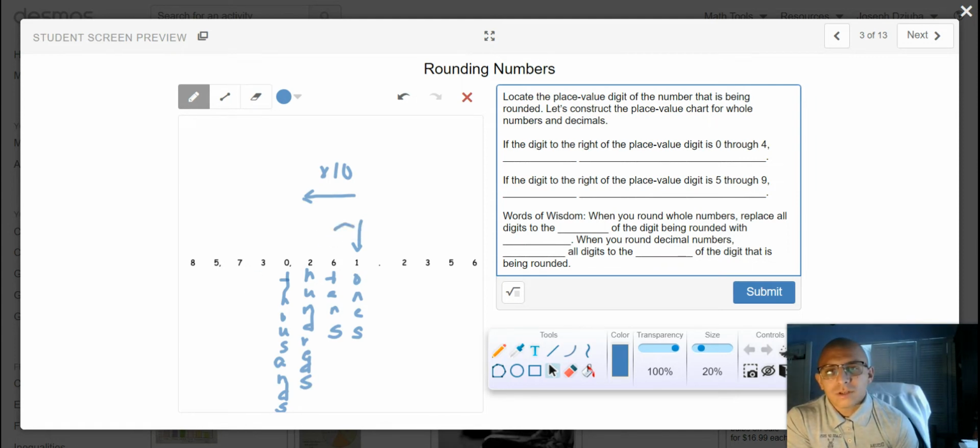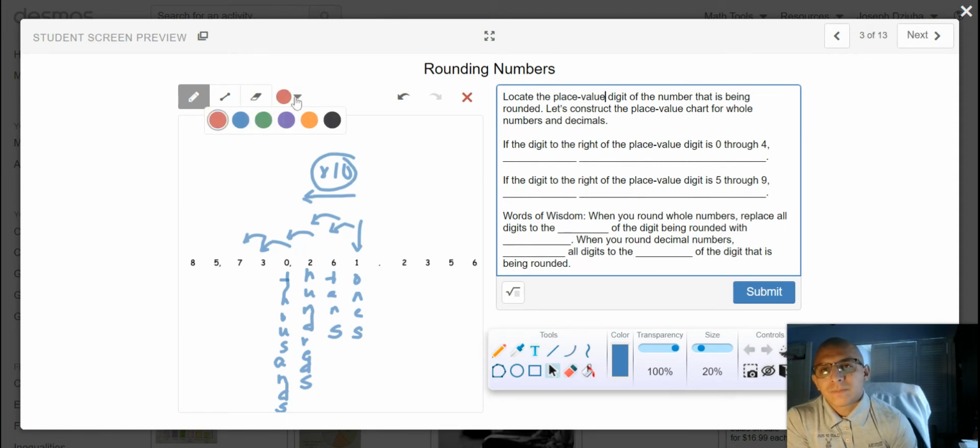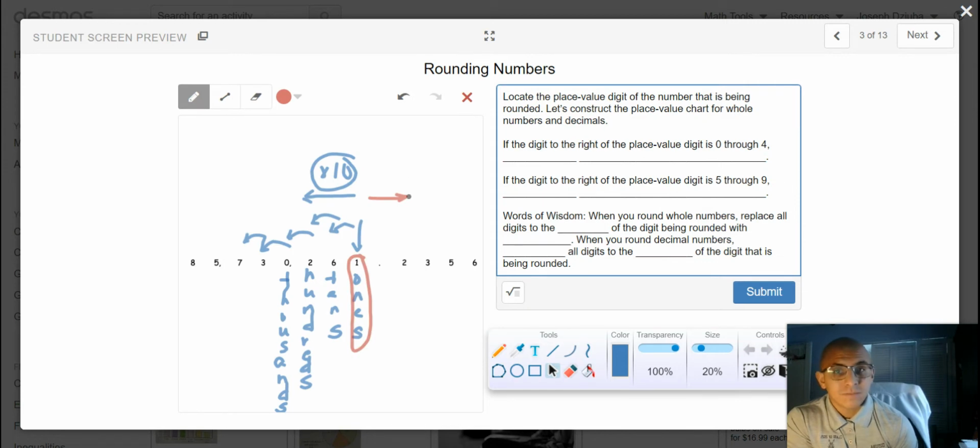So then just to reiterate, every time we are moving left one place value, we are multiplying by 10. So if we are proceeding in the opposite direction from our ones location, rather than multiply by 10, we divide by 10.